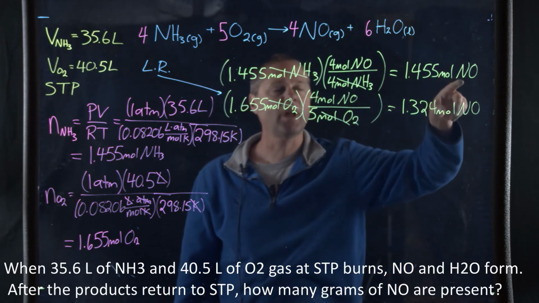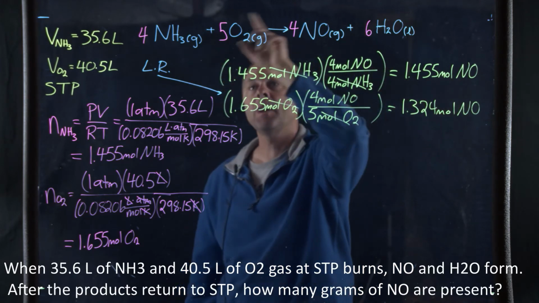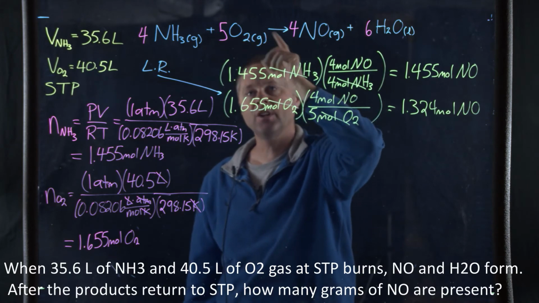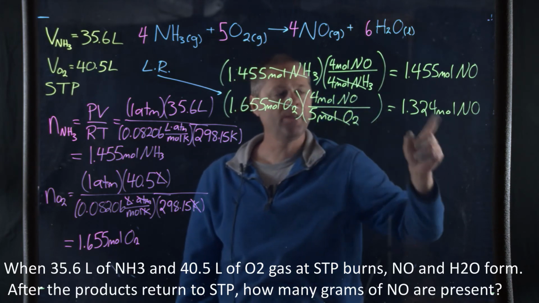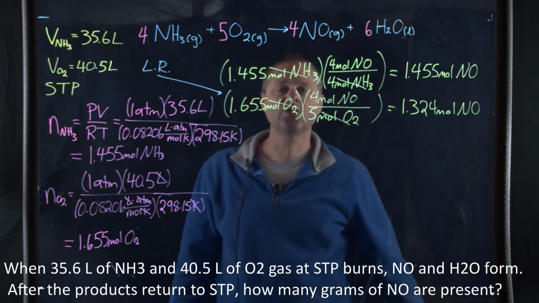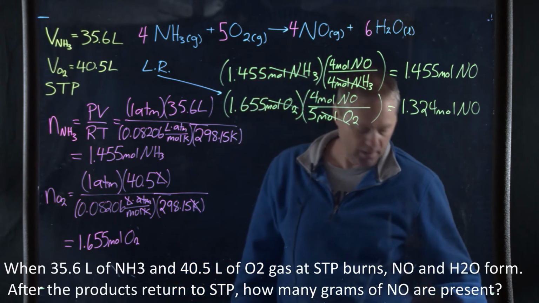We produce more nitrogen monoxide with the ammonia, but we're going to be consuming the oxygen much greater. Therefore, it's the oxygen that's going to limit the amount of nitrogen monoxide that gets produced.